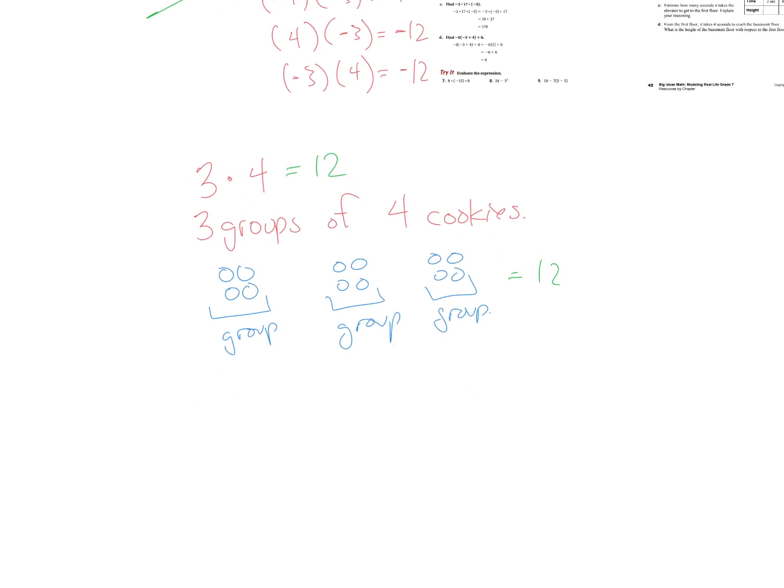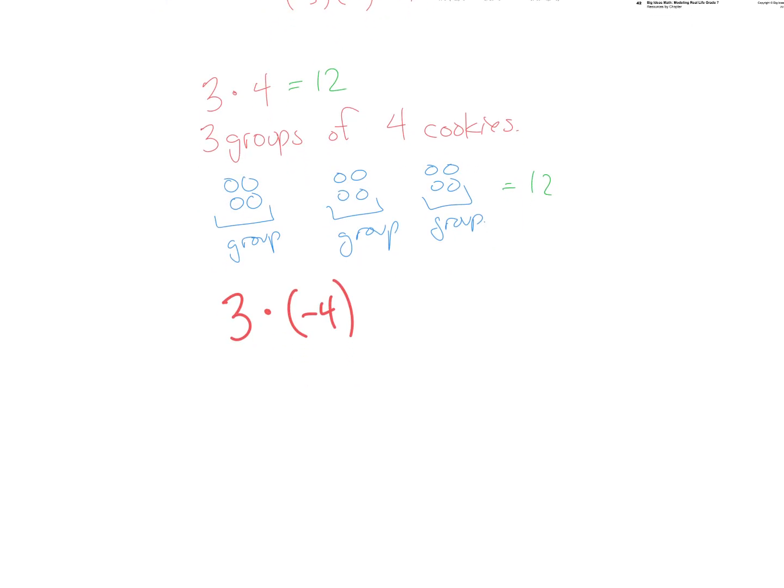And so if you're like, well, wait a second, what if it was 3 times negative 4? Guys, it's 3 groups of 4. Hold up. It's 3 groups of negative 4. I was going to say 4 negatives. But negative 4 cookies? And if you're like, what the heck would that look like?